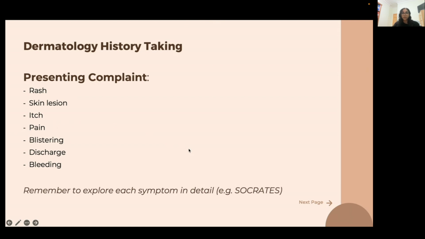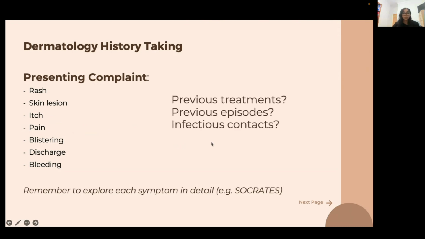Someone mentioned correctly, we can use Socrates. So particularly for things like a rash, finding out where it is, when it started, what it looks like, how it spread. Again, the same thing applies to an itch or to pain as well, which we commonly use Socrates for. So we just want to explore all those symptoms in as much detail as possible.